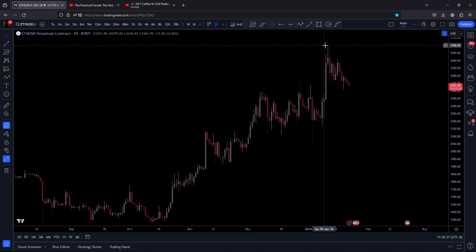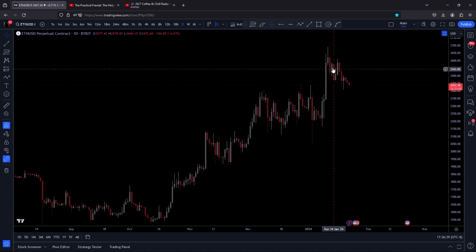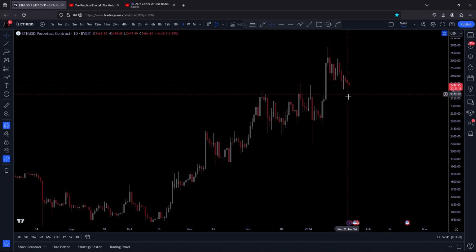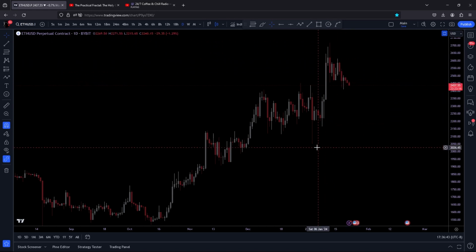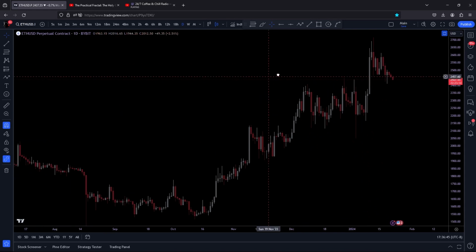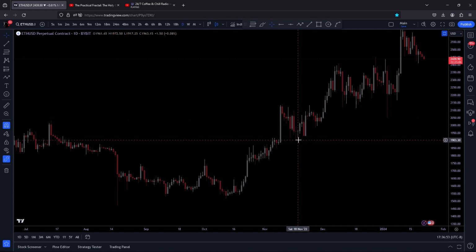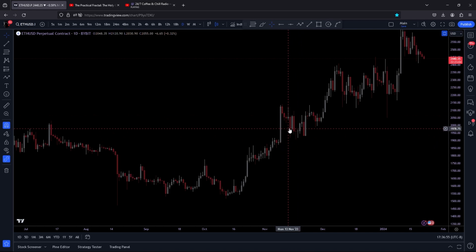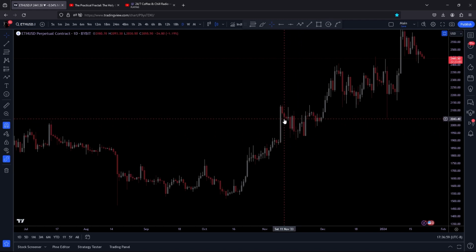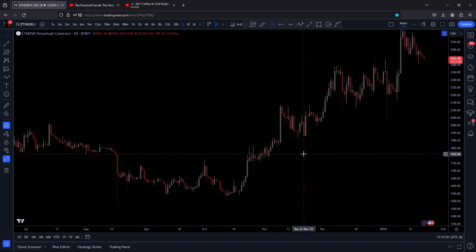But this would be a pivot point because it has at least 2 negative bars following. Or 2 red bars. So this would be a pivot point because after this bar, there were 2 negative bars that were initiated. So this bar right here was lower than the previous bar after the peak. That would be a pivot point.